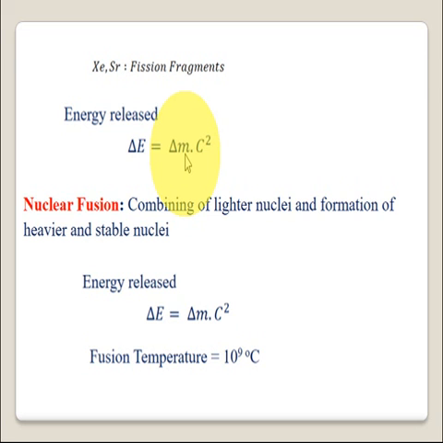That difference is called mass defect, and the energy released in fission of an atom is given by delta E equal to delta m c square, where delta m is the mass defect and c is the speed of light.